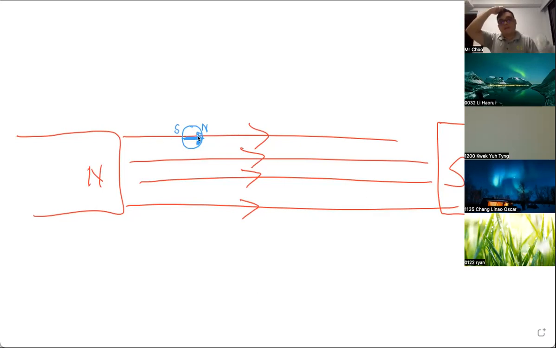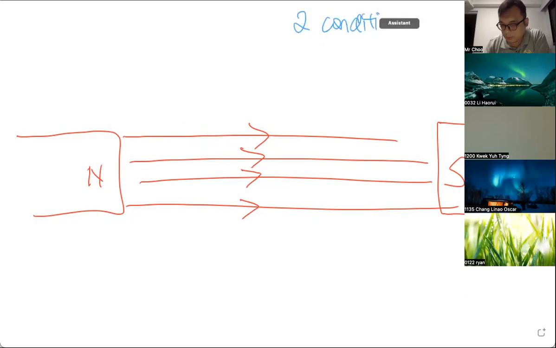So that is what the magnetic field lines tell you. So the question is asking, what are the two conditions for a particle to experience a force?